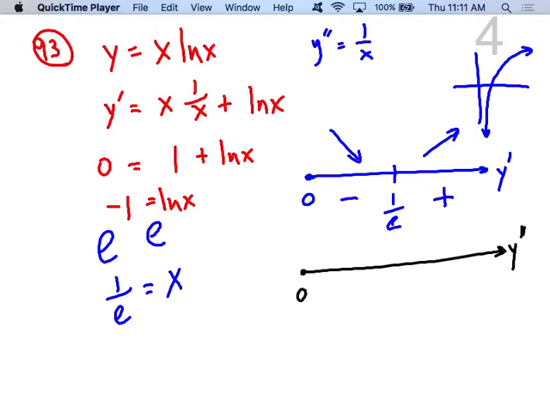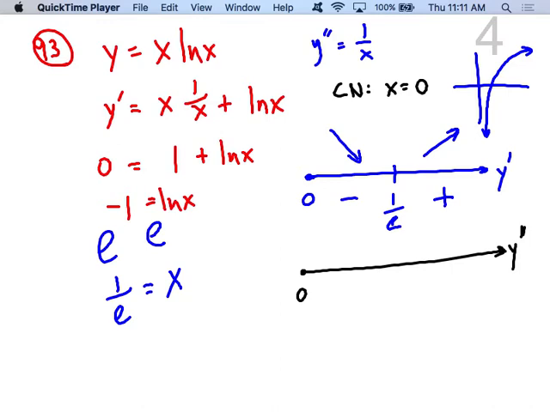Doesn't seem to be. My only critical number for y double prime would be at 0, and 0 is at the end of our domain, and therefore you can't test the left side or the right side. Since there's nothing on the left-hand side of that, I would guess there's no points of inflection.